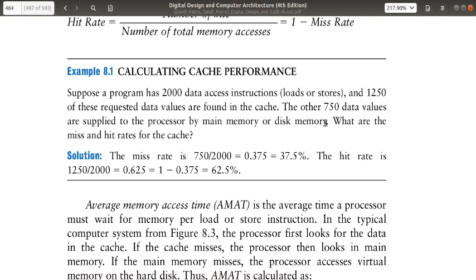If it is not in the cache memory, that is it. So here the miss rate is 750 by 2000, so this much percentage. Hit rate is either the remainder or 1 minus this. Simple calculations.